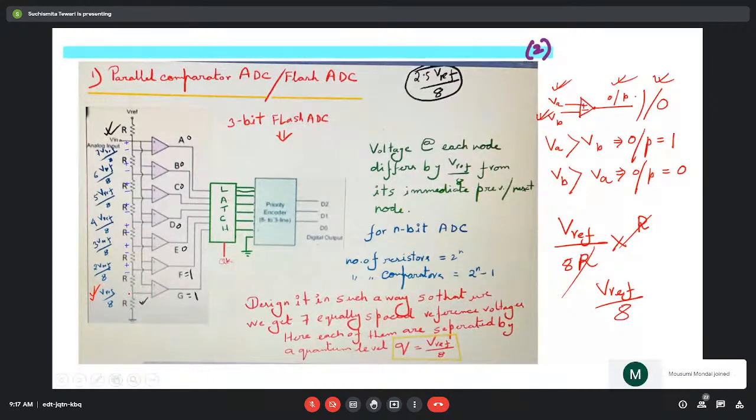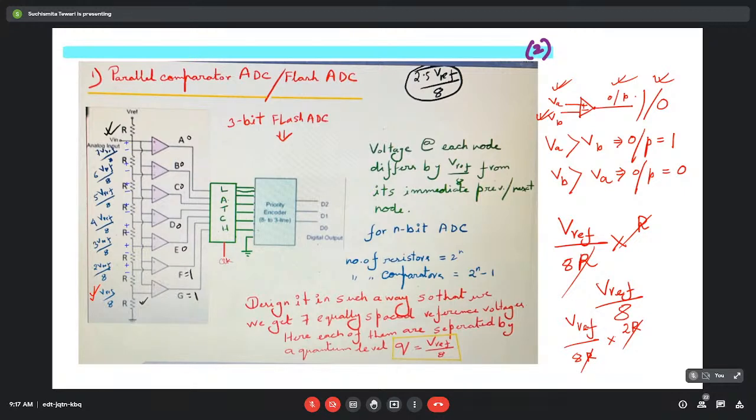Similarly, if we want to calculate the reference voltage at this point in this stage, again, in the same way, another voltage divider circuit, but here it will be 2R, because it will be the voltage drop against this R plus R, this total resistance. And R will get cancelled.